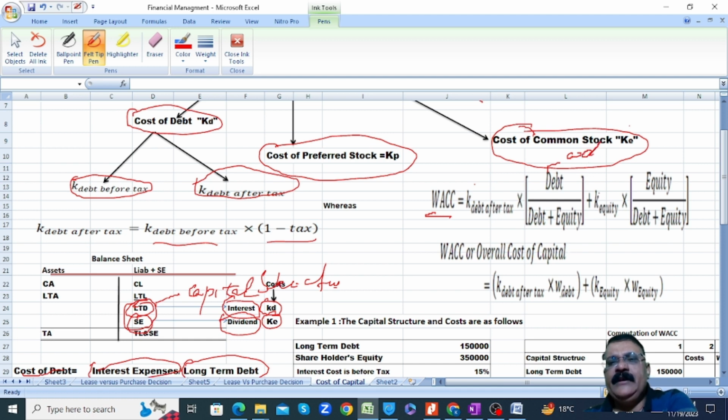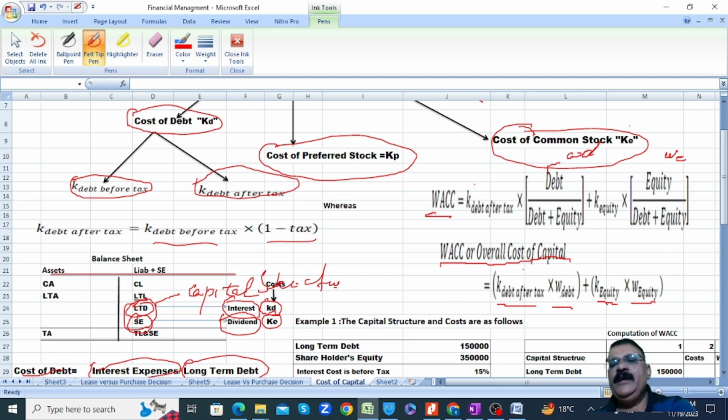And in the same manner cost of equity multiplied equity divided by debt plus equity, इसे हम कह लेंगे कि ये weight of equity है. So weighted average cost of capital or overall cost of capital is equal to cost of debt multiplied weight of debt plus cost of equity multiplied weight of equity.